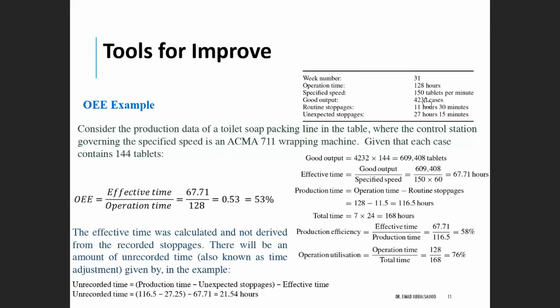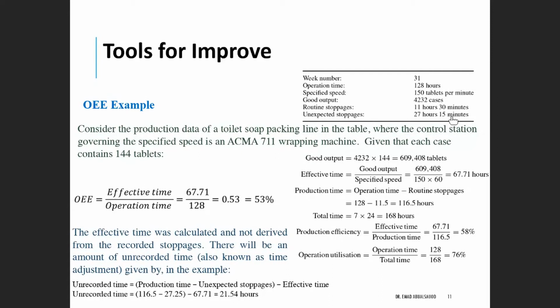The good output on that week was 42,032 cases. The routine stop time was 11 hours and 30 minutes. The unexpected stop was 27 hours and 15 minutes.